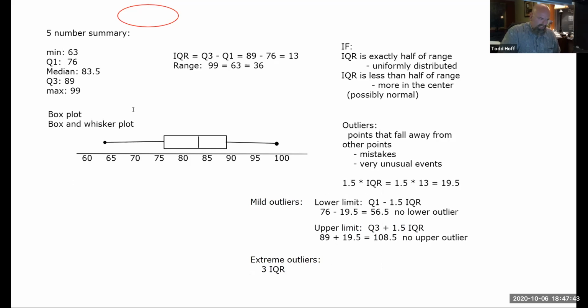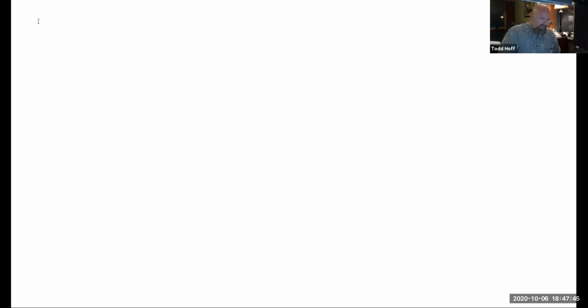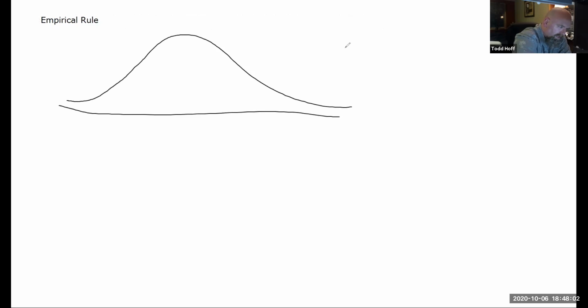Well, now that we have these measures of center and spread, let's talk about what they're used for. One thing they can be used for is to actually summarize our data using something called the empirical rule. If I take a bell curve, of course, the center of that bell curve is the mean. Let's give you a center and spread here.